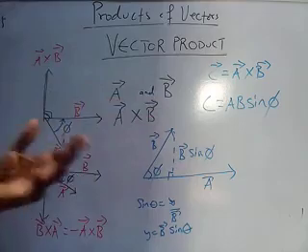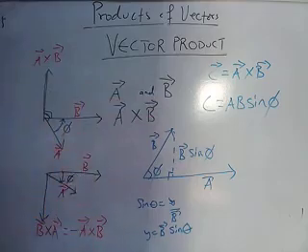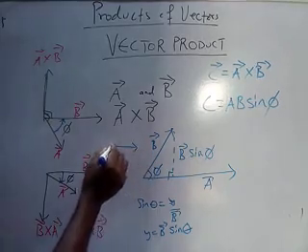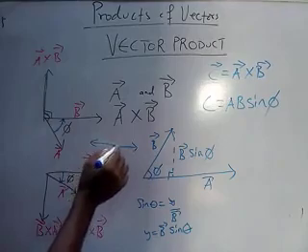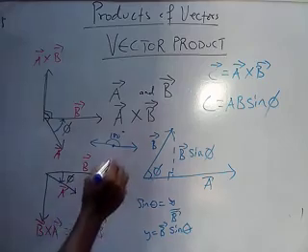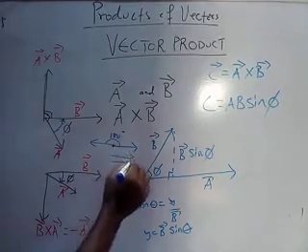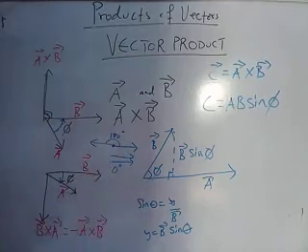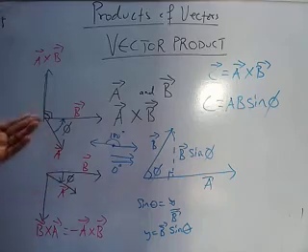And it becomes 180 when they are in opposite direction. This goes this way, this goes this way. This angle becomes what? 180 degree. But when they are in the same direction, the angle between them is what? 0 degree. So phi is from 0 to 180.